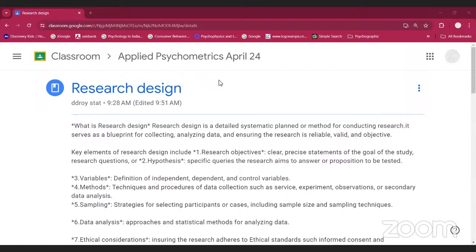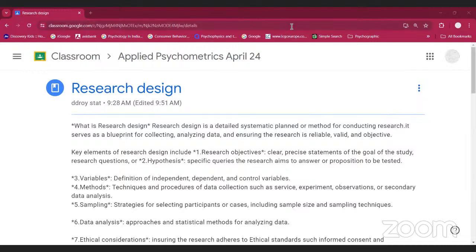It starts from research design. So today we will learn about what research design is and how we write down the hypothesis. So what is research design?